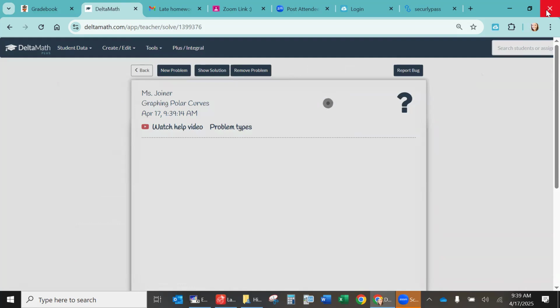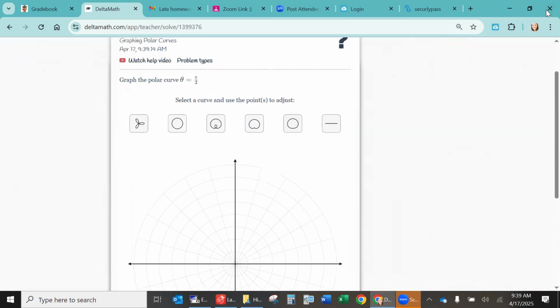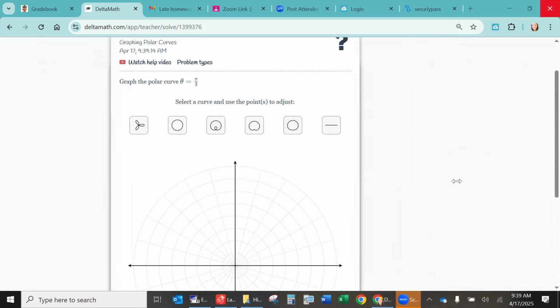Okay, and then when you're ready, go ahead and just go into the very first question. When I say first question, I mean the first of the graphing.